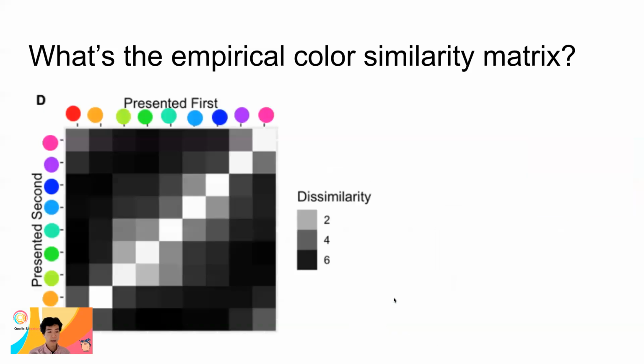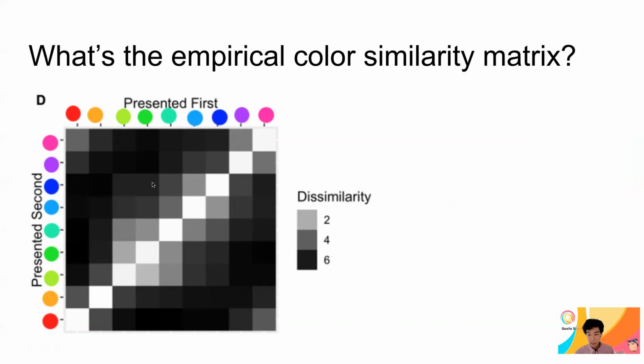And this is the result. It's very similar to what Ariel has already found. The same color, red, orange, and so on, all these diagonal entries are highly similar, but there are some points that are not 100% the same, right here. This is not completely white, which is a violation of minimality, which I'm not going to focus on here.